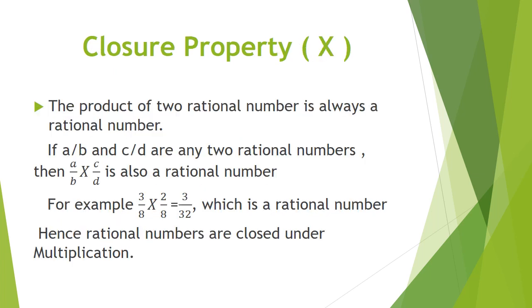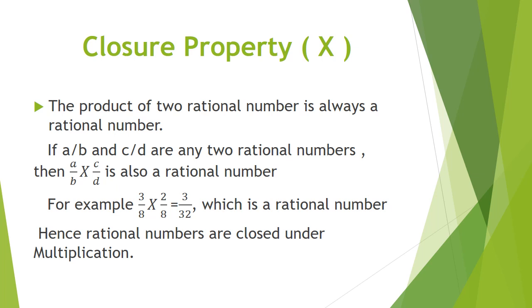Next is the closure property with respect to multiplication. The product of two rational numbers is always a rational number, that is, if A upon B and C upon D are two rational numbers, then A upon B multiplied by C upon D is also a rational number. For example, 3 by 8 and 2 by 8.